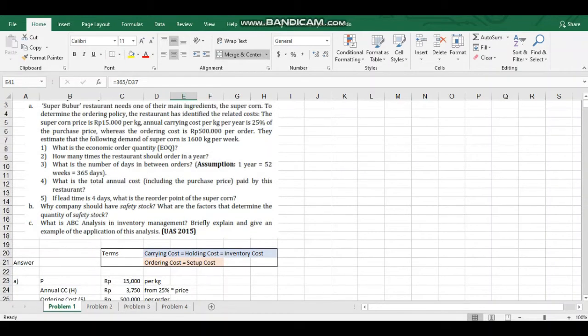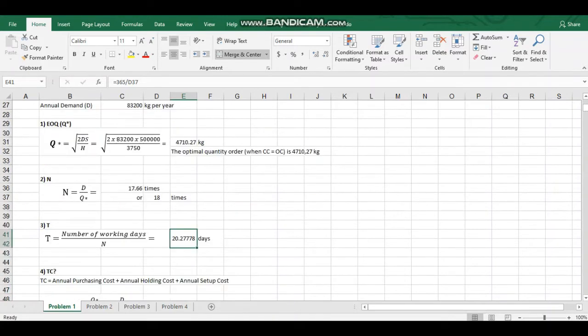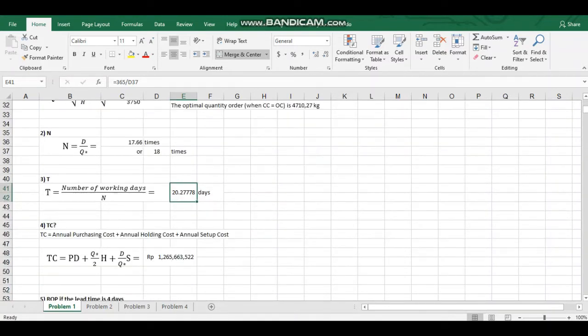And for question number 4, what's the total annual cost including the purchase price paid by this restaurant? So basically total cost in this case of inventory management consists of annual purchasing, holding costs, and also the setup costs, okay.